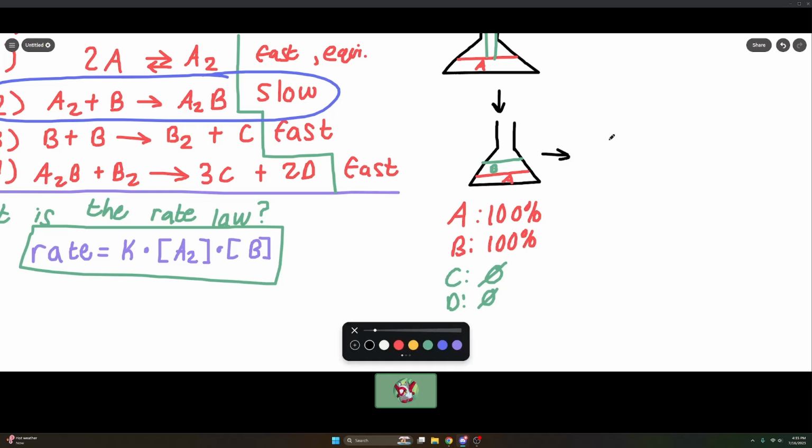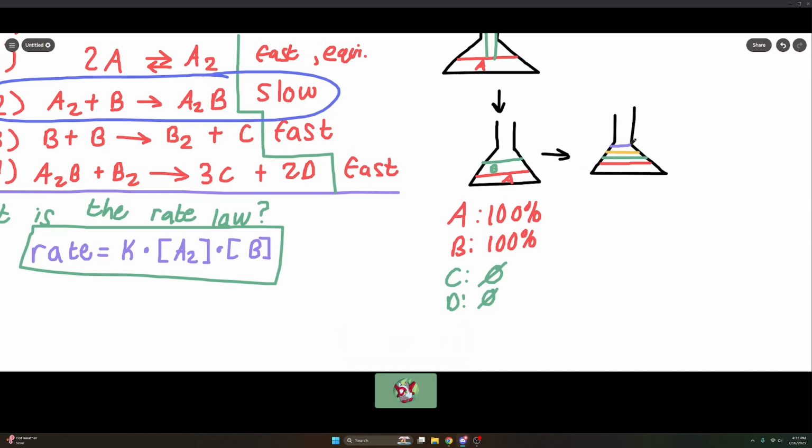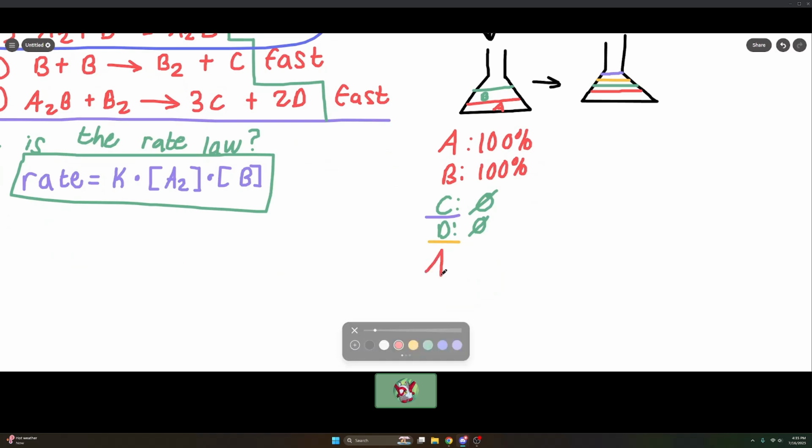Once I let the reaction happen a little bit, you know, if I flash forward maybe half a second, I might see a little bit of my other, well, of my products, right? I might make my C and D, right? But at the very beginning, there is no C and D, and there is no A2, for example, who is in my rate law.